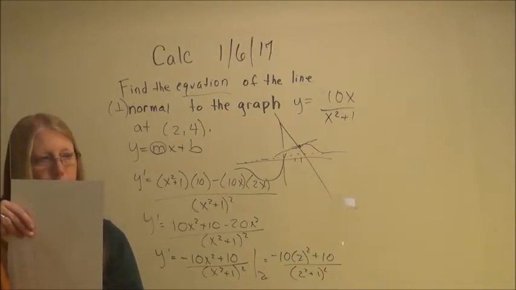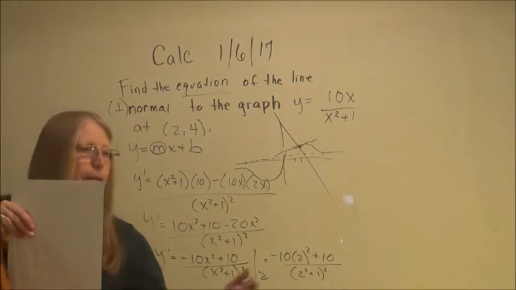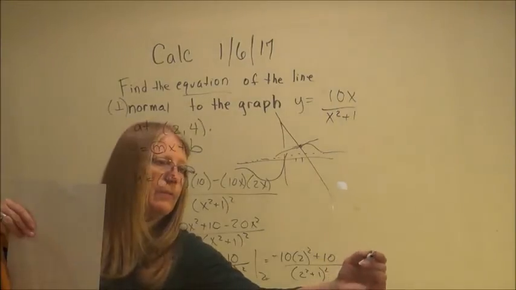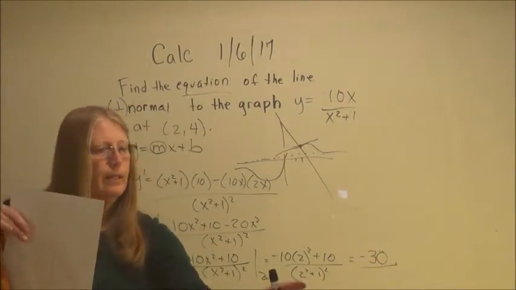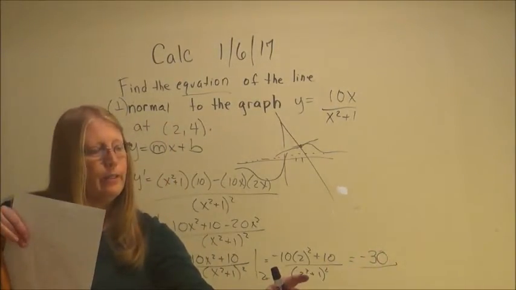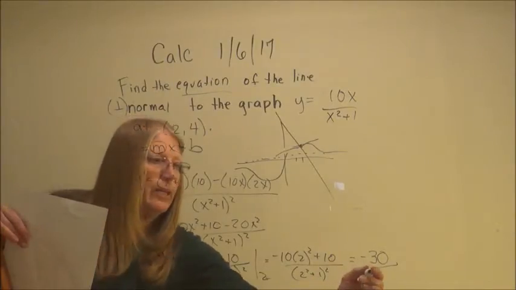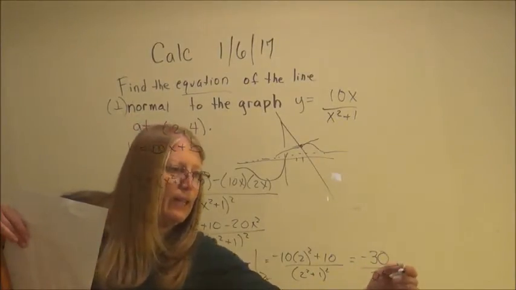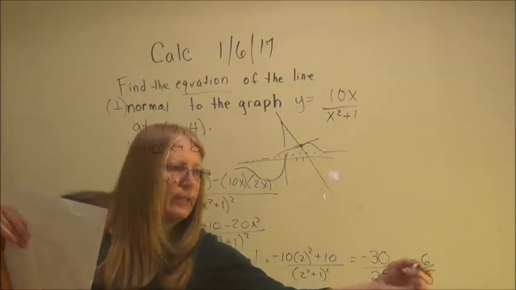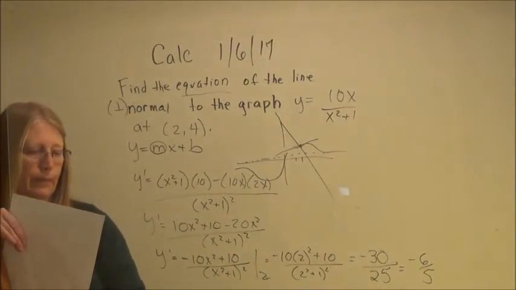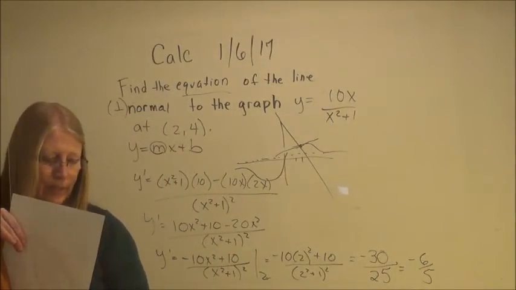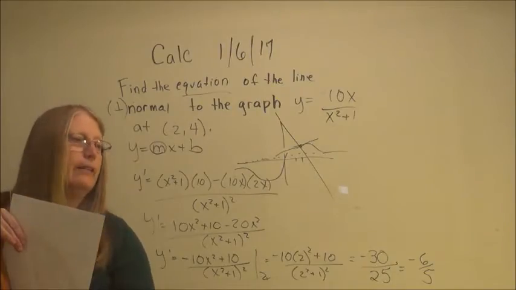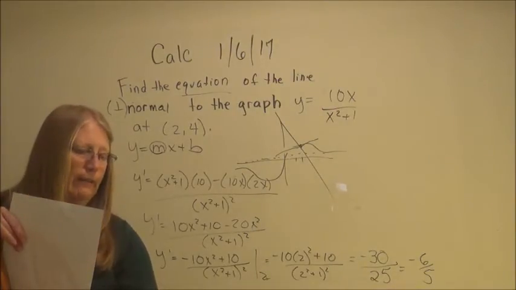Let's see if I got that earlier. Yep, minus 30. It's been confirmed. Over 2 squared is 4 plus 1 is 5. Quantity squared is 25. So that reduces to minus 6 over 5.